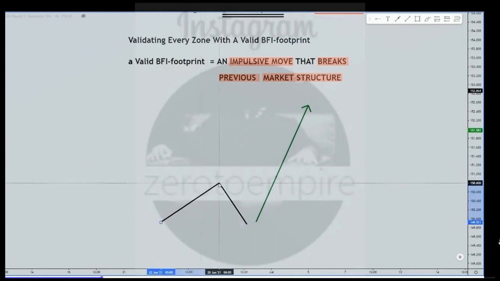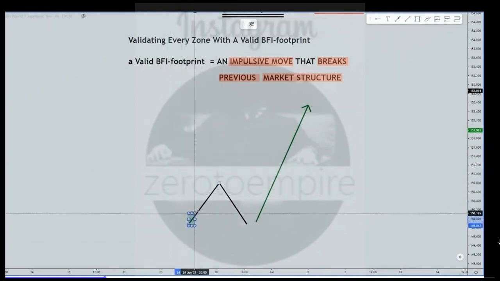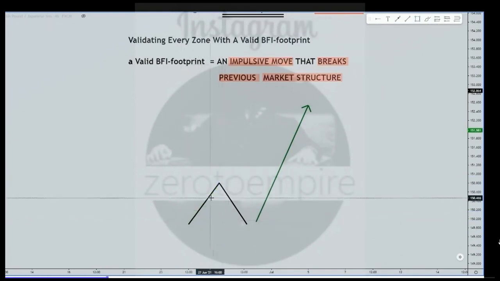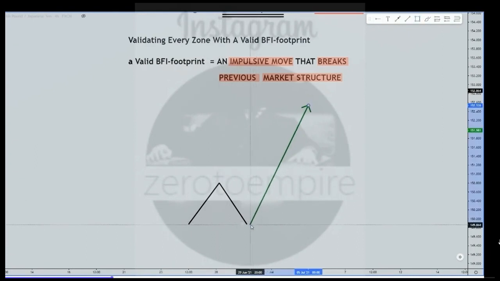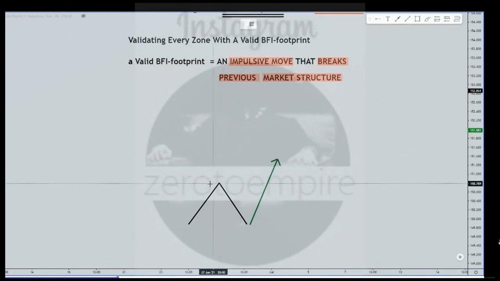And what do we mean by that? A few candles up and maybe a few candles down. You can think of it as a U-turn. So there's a previous swing point, and then the impulsive move breaks this swing point.